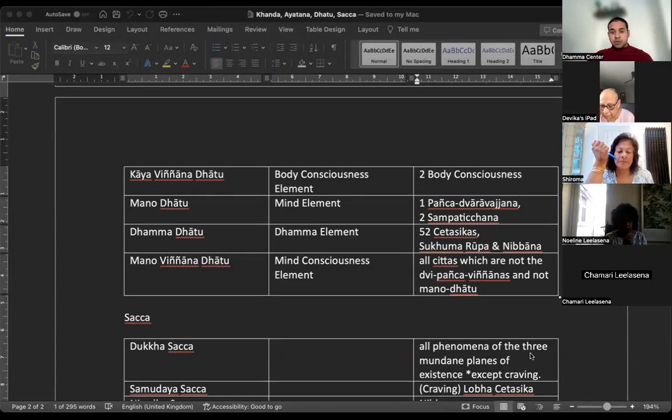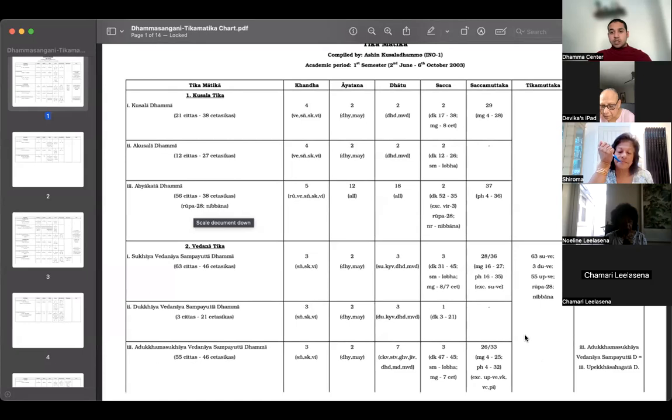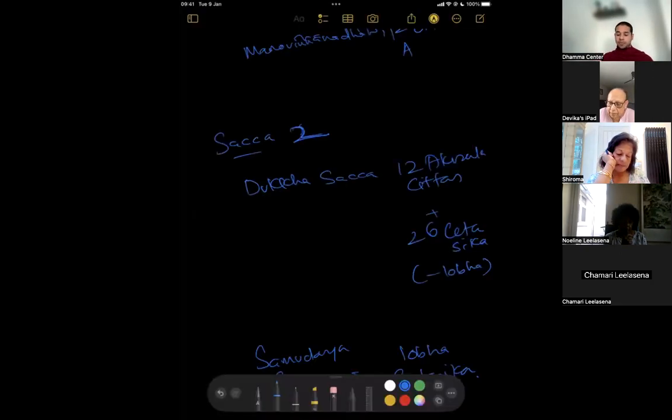Under Satcha, we have two Satchas, Dukkha Satcha and Samudaya Satcha. Dukkha Satcha has the 12 Akusala Chittas plus the 27 Chetasikas minus Lobha Chetasika, so 26 Chetasika Dhammas.